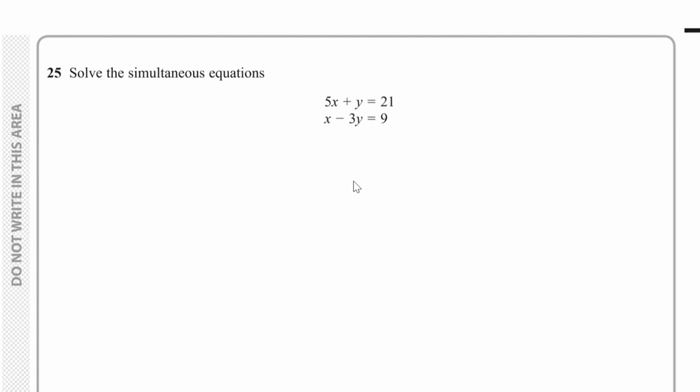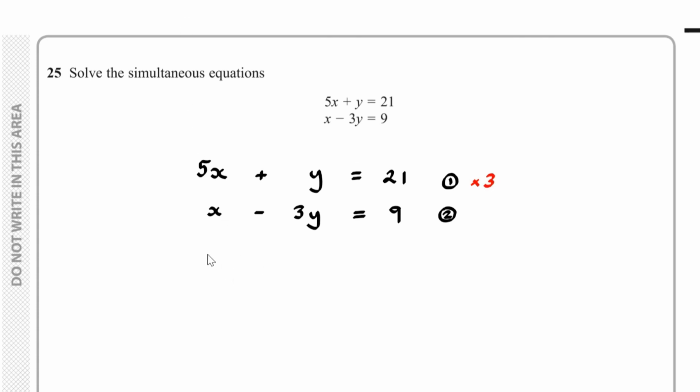Question number 25. We have to solve these simultaneous equations. 5x plus y equals 21 and x minus 3y equals 9. So we've got this first equation, we'll call it 1, and the second equation, we'll call it 2. Now, what we can do, ignoring the signs, is get the y's the same. Here we've got a 1y and here we've got 3y, and so what we can do is multiply equation 1 by 3.